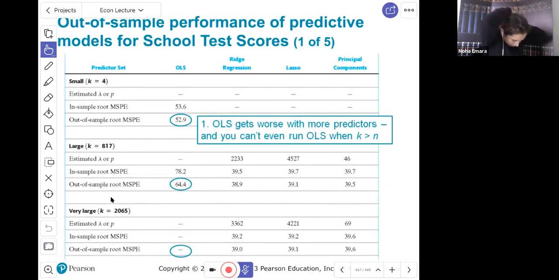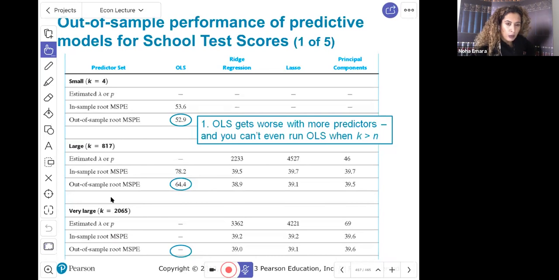Again, this table is divided into small, where you have just 4 X's, large, where you have 817, and very large, where you have 2065. You can see the very last oval shape doesn't have an estimate, because the OLS cannot be estimated when the number of K's is greater than the number of N. When you look at the out of sample root mean squared forecast error for the OLS using small versus large, using small I have a smaller amount of error.